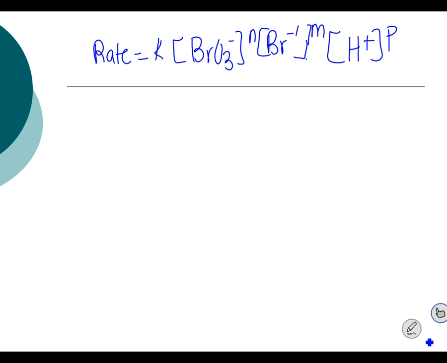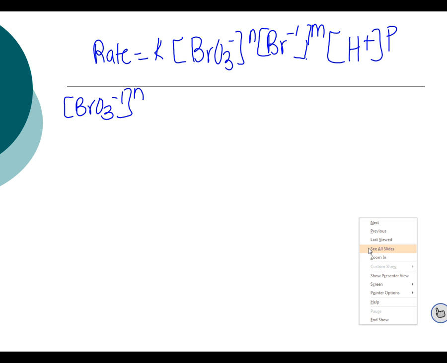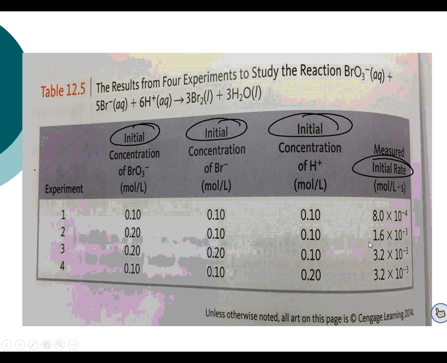What we want to do is let's go ahead and start with our bromate first. Let's figure out what bromate's order is going to be. We're going to go back to the last slide. On bromate, what we want to do is find 2 experiments where our bromate is changing and our bromide and our hydrogen are constant.